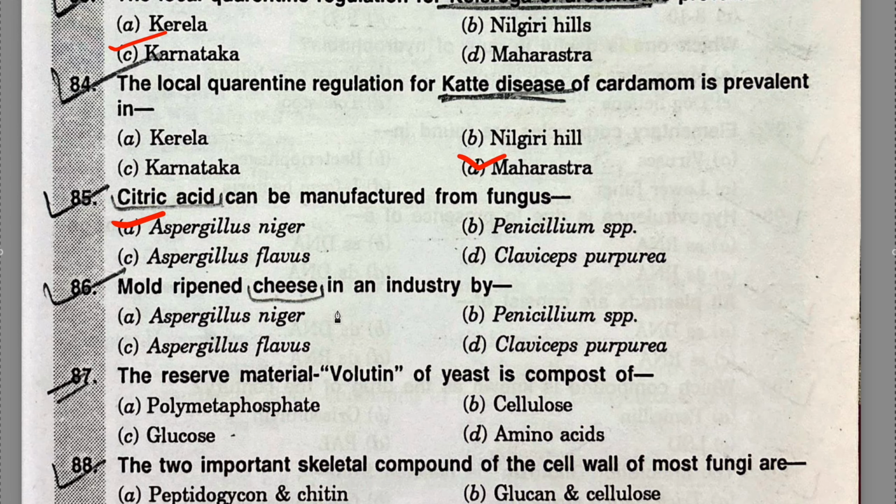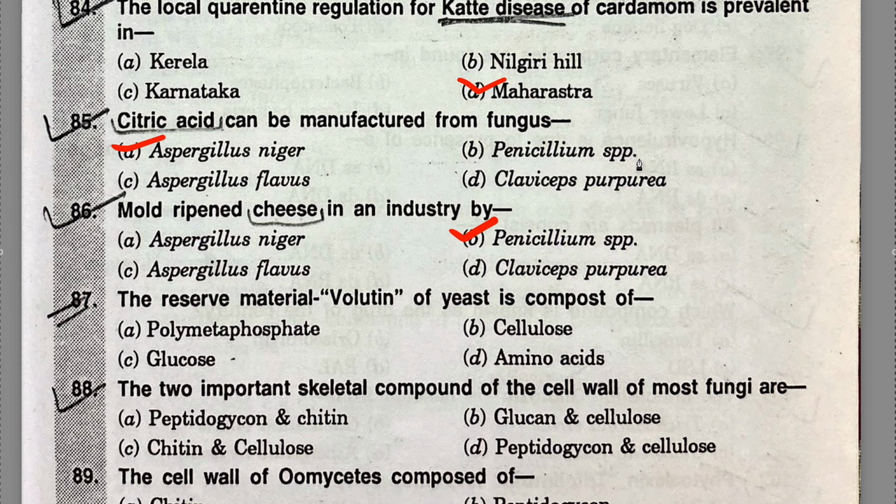Mold ripened cheese in an industry by Aspergillus niger, Penicillium, Aspergillus flavus, or Claviceps. The same options, but the answer will be different. For cheese, we use Penicillium species. Now there are lots of Penicillium species. Which one specifically? That is something we should study.